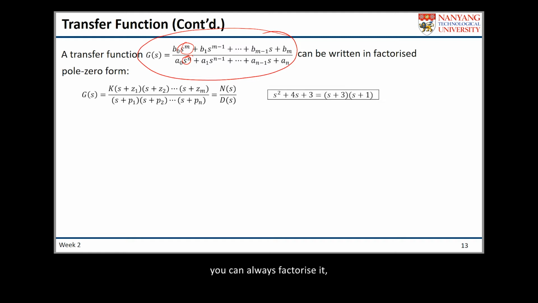You can always factorize a polynomial function of s. For example, if I have a second order polynomial, s squared plus 4s plus 3, you will always be able to factorize it into s plus 3 and s plus 1, a combination of two first order linear polynomials.